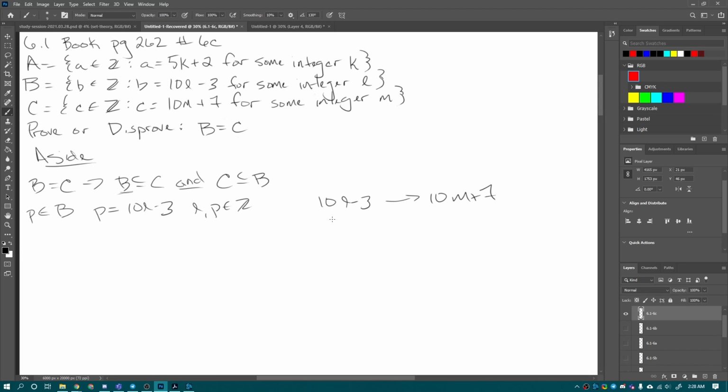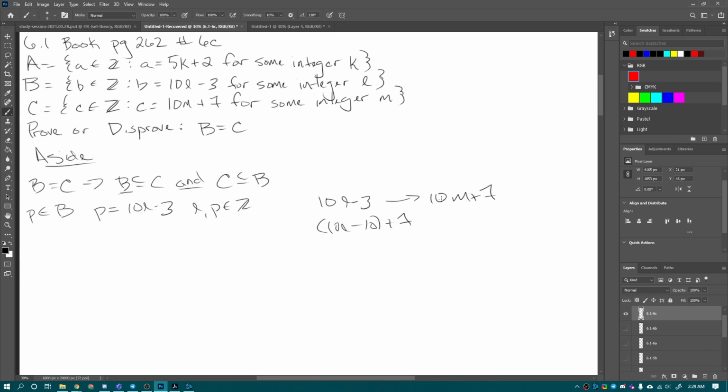The coefficient on the left-hand side is equal to the coefficient on the right-hand side. 10 is equal to 10, so I don't have to multiply anything. I'll put my empty parentheses here. I'll put plus 7, which is coming from here. And then I ask the question, how do we get from plus 7 to minus 3? Well, we would subtract 10. So negative 10 plus 7 is equal to negative 3. I drop down this 10L.